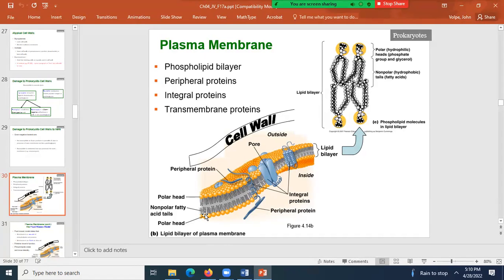And then it's mostly cytoplasm, which is water, inside the cell, so the polar head is facing the water. The fatty acid portion of the phospholipids is inside the membrane. Any question about any of that?